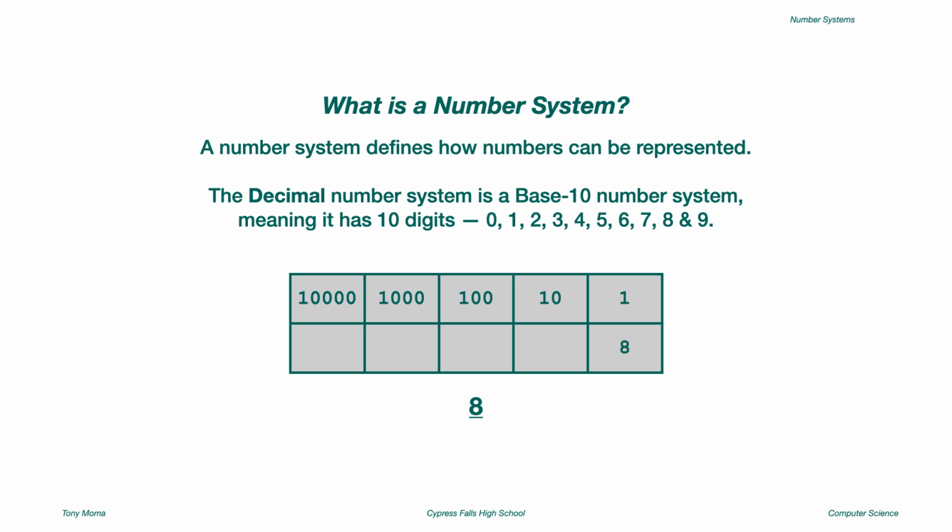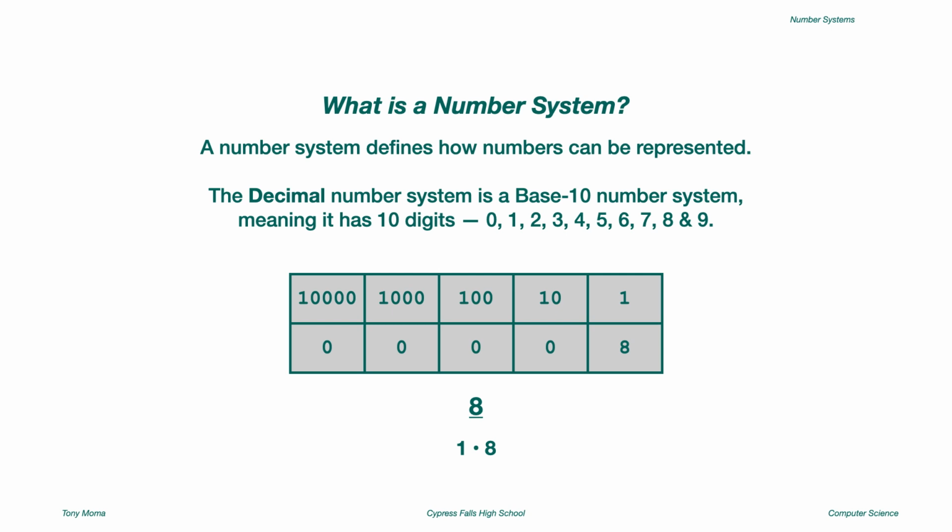For the other blocks that are still empty, just assume that we put 0 there. Next, we're going to multiply the top row by the bottom row, then add up each column. Since any number multiplied by 0 equals 0, we can pretty much cancel out the first 4 columns and focus just on the 5th column, 1 times 8. In other words, 8 can be represented as 1 times 8.